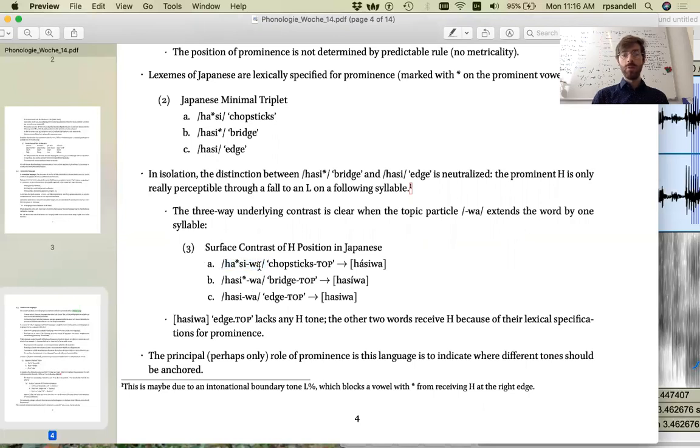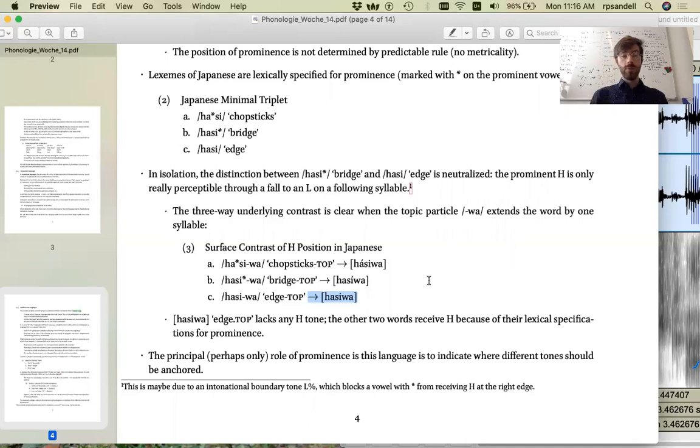The word for chopsticks, since it has two syllables, will always show a high tone on that first syllable. But this contrast between the words for bridge and edge can emerge when we add this further syllable wa, where we will have the high tone on the syllable hi in the word for bridge, but no high tone whatsoever in the word for edge.